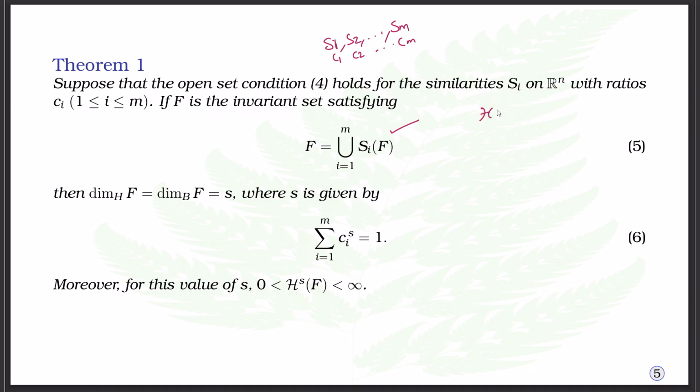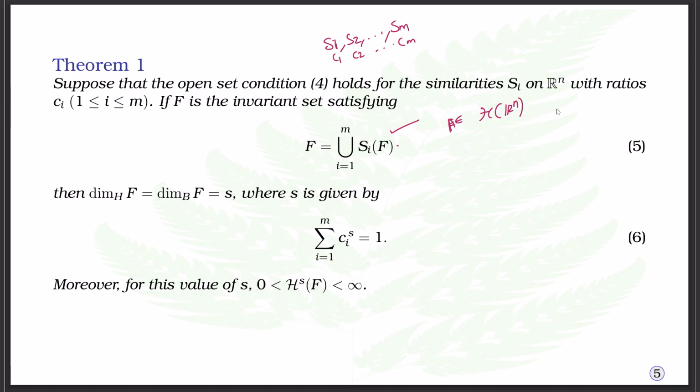Then we can form the hyperspace of R^n. Then you can take F belongs to H of R^n, that means any set A belongs to H of R^n, where H is the set of all non-empty compact subsets of R^n.